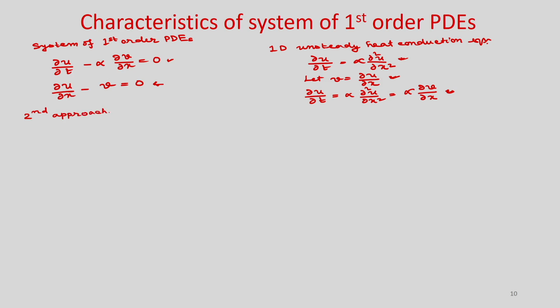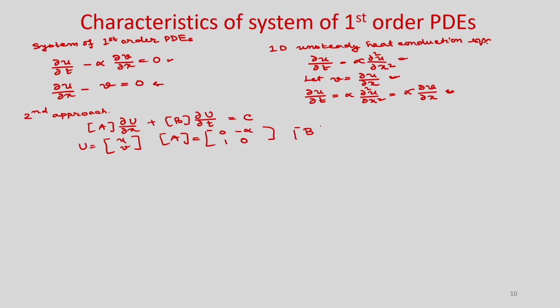So, in the second approach you write A ∂u/∂x + B ∂u/∂t = C, where u is the vector (u, v), A is the matrix [0, −α; 1, 0] and B is [1, 0; 0, 0], and C will be the vector (0, v).